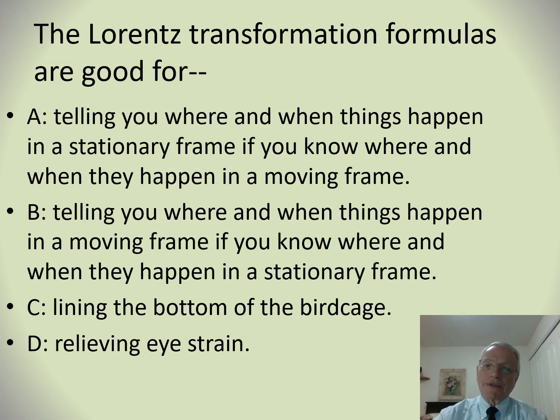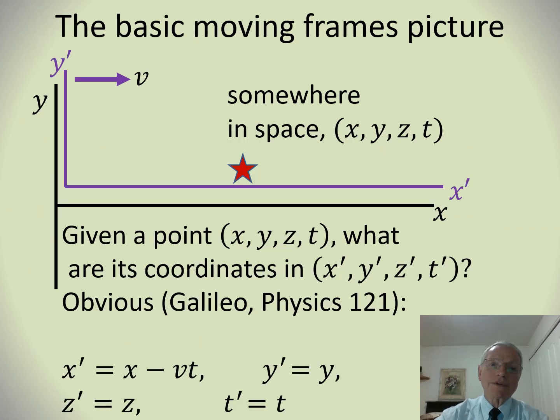You read about the Lorentz transformations. What are they good for? A is correct, and also B. They work both ways. The Lorentz transformation formulas allow you to go either from the moving frame to the stationary frame or from the stationary frame to the moving frame. And we're going to practice both of those today.